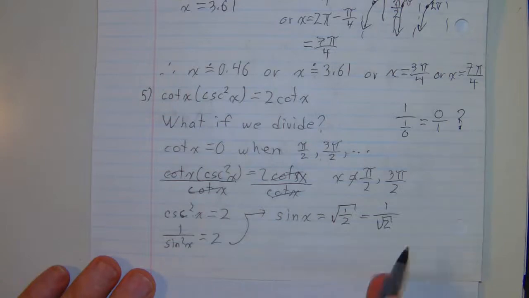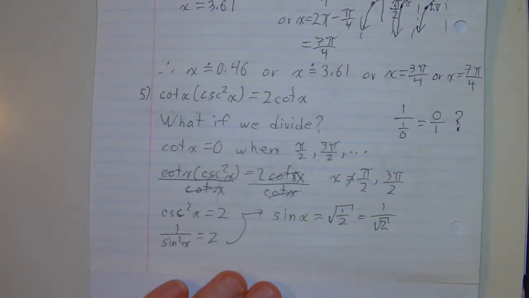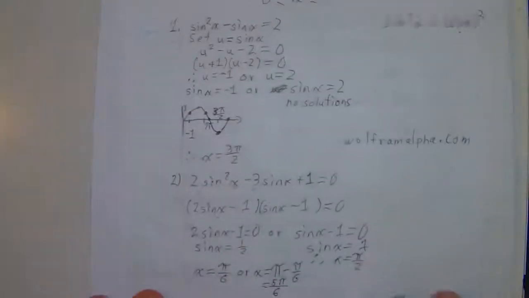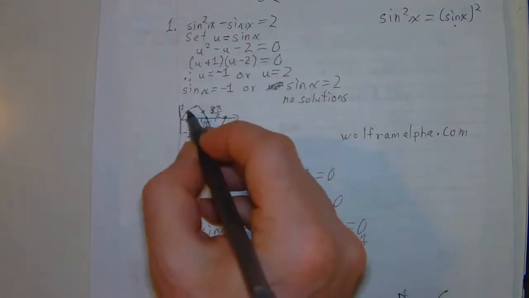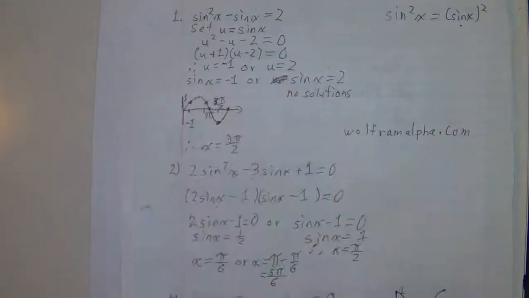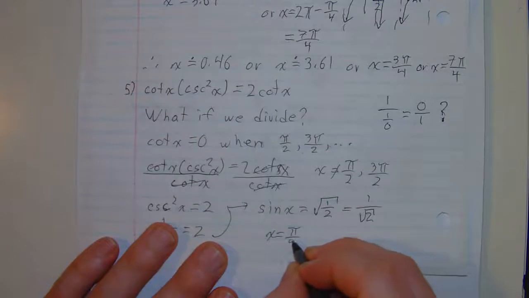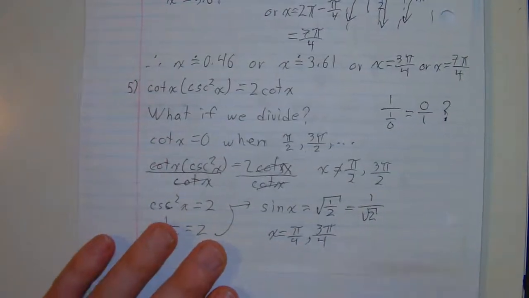And so sine x equals 1 over root 2 happens at 45 degrees. Well, we can look at our sine graph here. 1 over root 2 is going to be at pi by 4, and pi minus pi by 4, which is 3 pi by 4. So then x equals pi by 4 or 3 pi by 4.